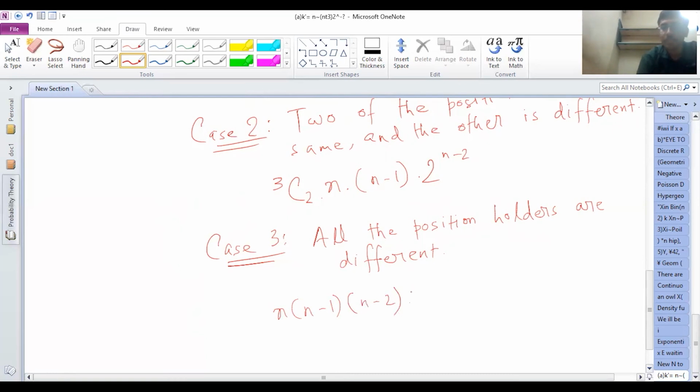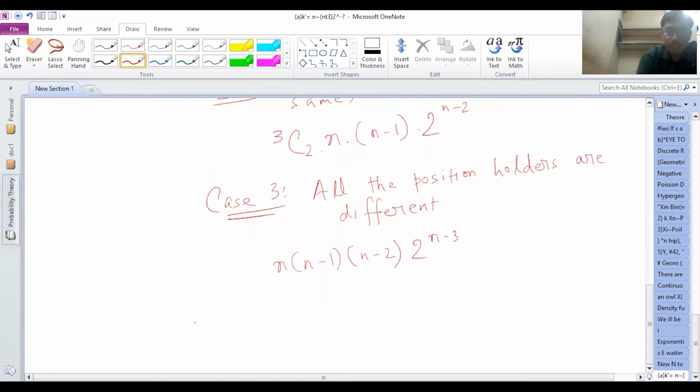And the remaining n minus 3 people may either be in the committee or not. So that accounts for 2 power n minus 3 multiplied with n times n minus 1 times n minus 2.